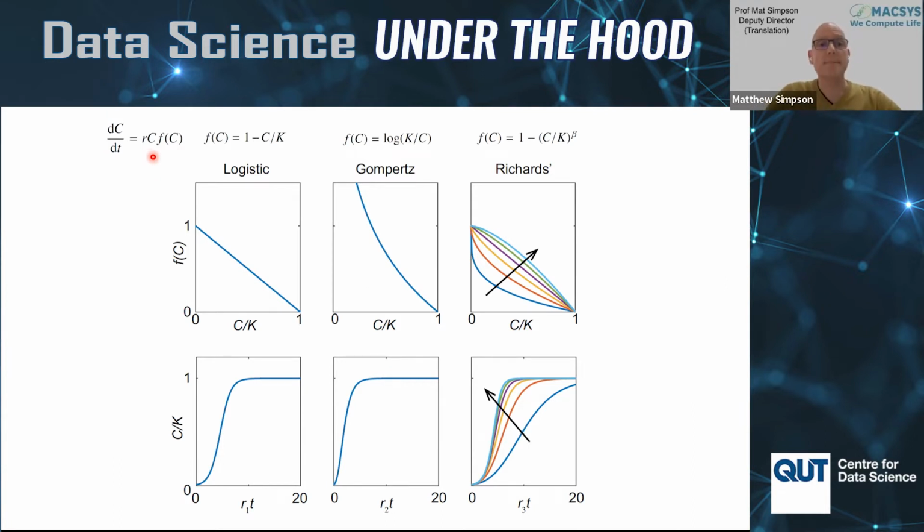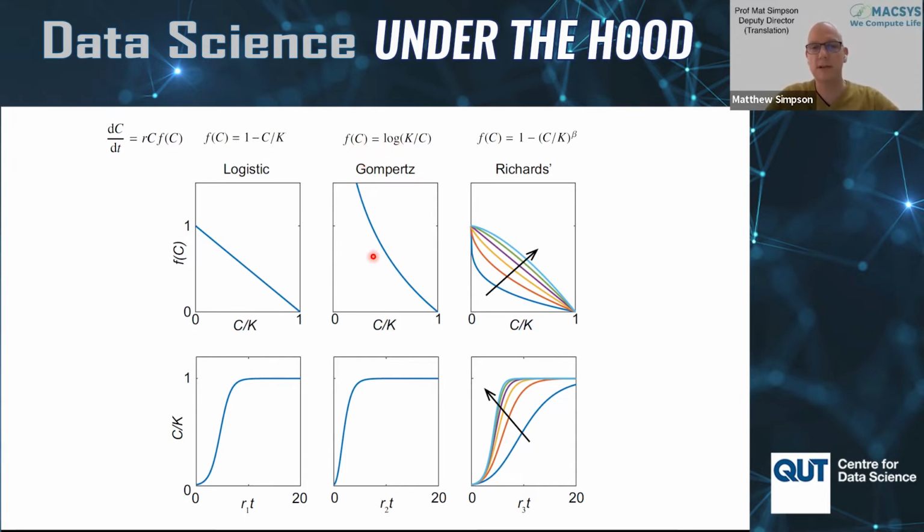So the models here all differ in this crowding function. So the logistic model has a linearly decreasing crowding function. So here I'm showing the crowding function decreasing as a function of the density. And of course, that's going to go to 0 when the density hits on the carrying capacity. The Gompertz model is a decreasing function given by this logarithm here.